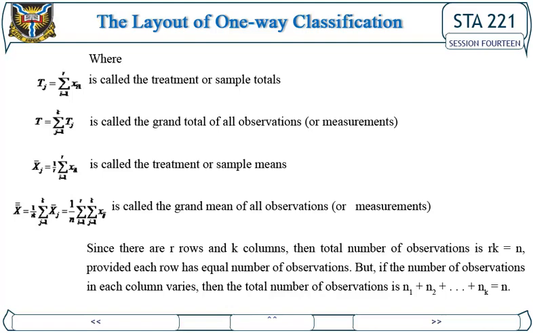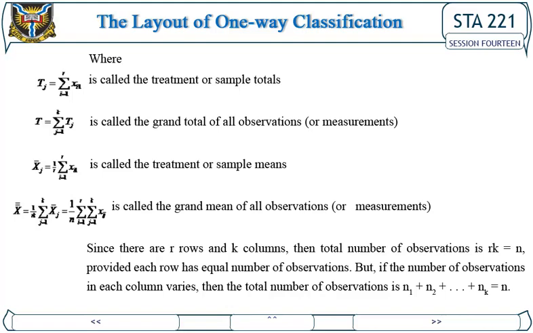T is called the grand total of all observations or measurements. X bar j is called the treatment or sample mean. X double bar is called the grand mean of all observations or measurements.